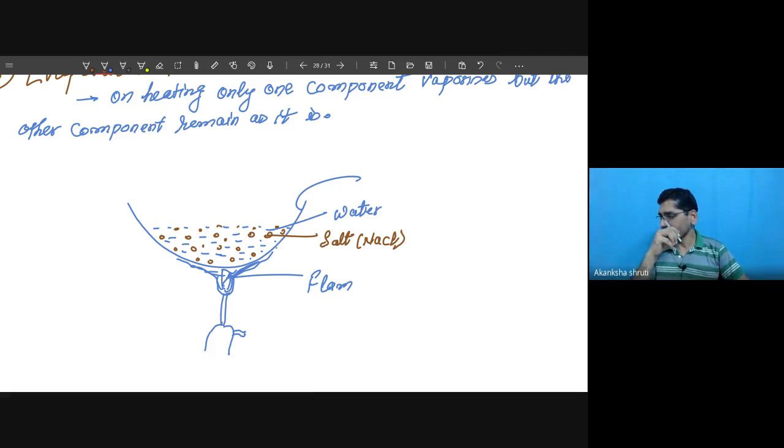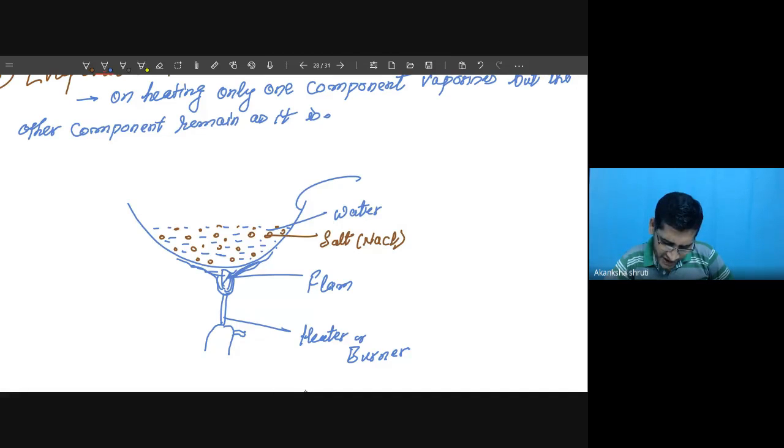Like in your kitchen, you get the flame of the LPG stove. Over that is your heater or burner. So what will happen?